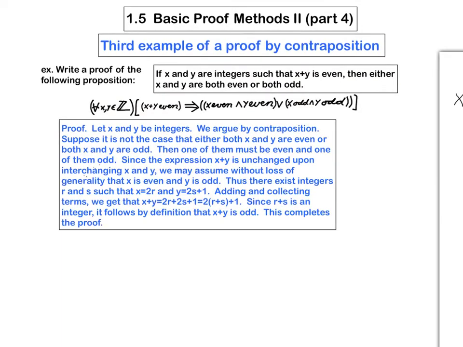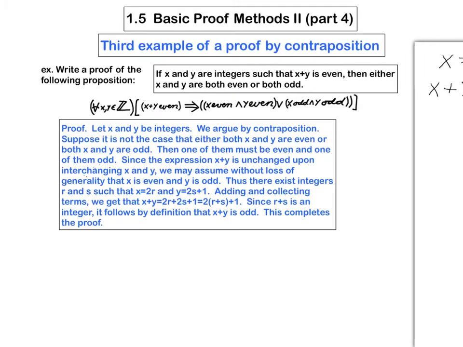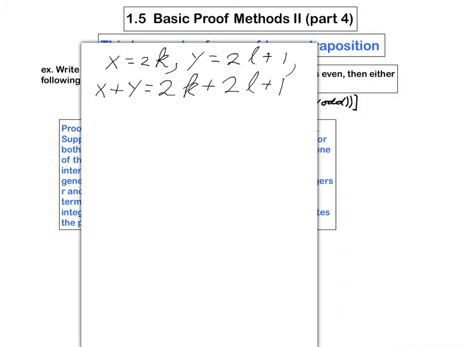Okay, here's my proof. Let me begin by showing you the calculations I did in order to produce that proof. So what we did was we started with an x, which we were able to argue can be assumed to be even, and a y which we can assume to be odd, and then we wrote it in using the definitions.